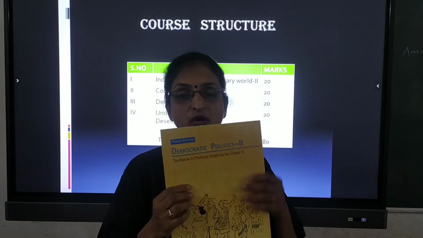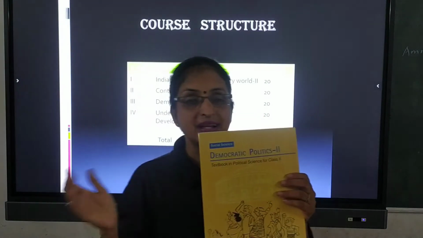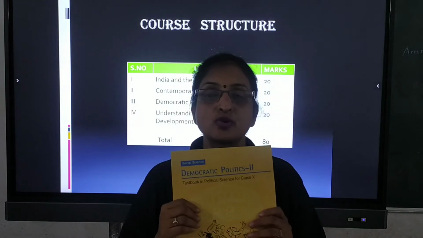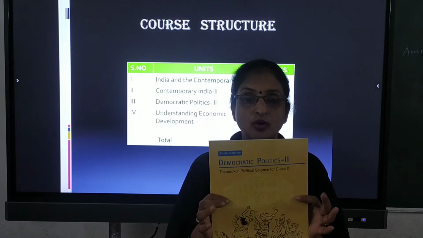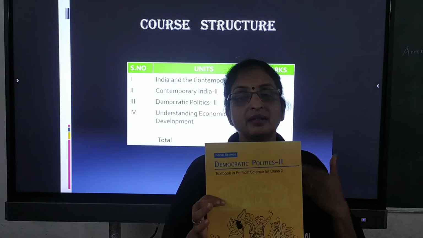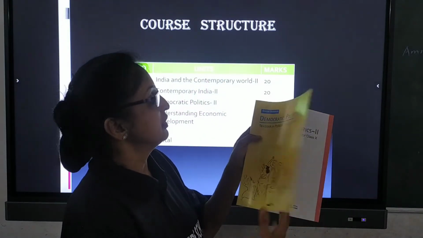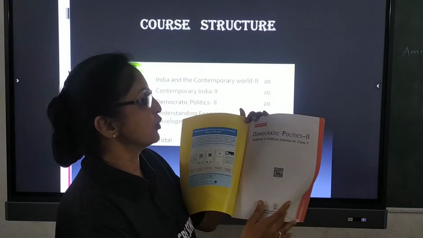This is your Democratic Politics Part 2 textbook. As I told you, you need to read the cover page of the textbook. So go through each and every book, the cover page and the last cover page. This is your Democratic Politics, that is political science textbook.